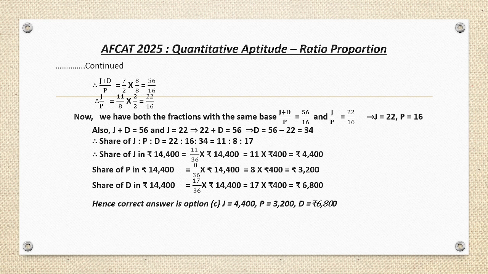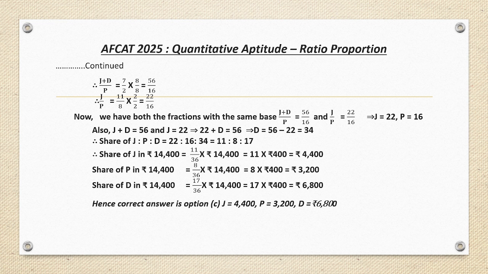So here J plus D is 56 and J is 22. So now substitute the value of J equal to 22 in J plus D. So that will give us the value of P as 16. Right? So J plus D is 56. We have got P as 16. So J will be 22 plus D equal to 56. That is D equal to 56 minus 22, 34.